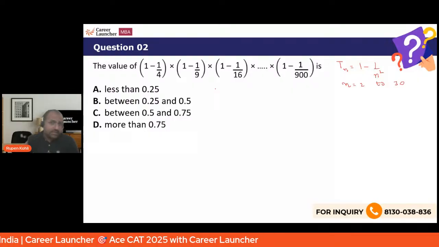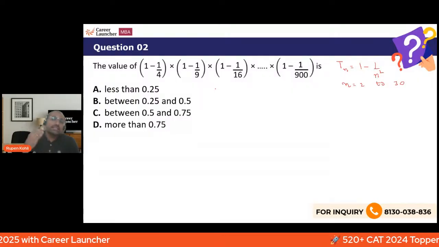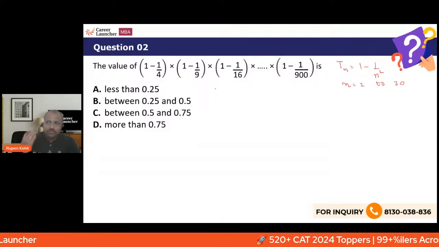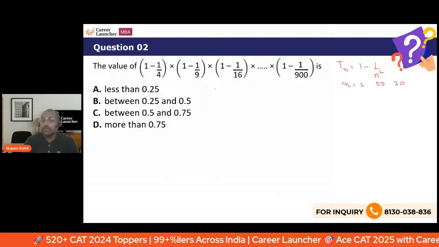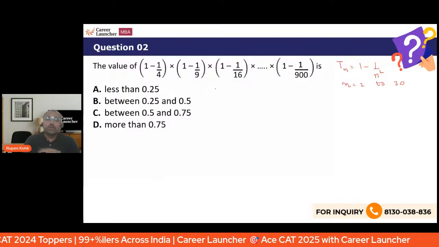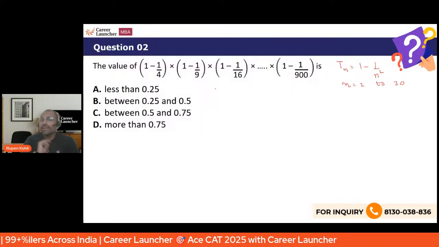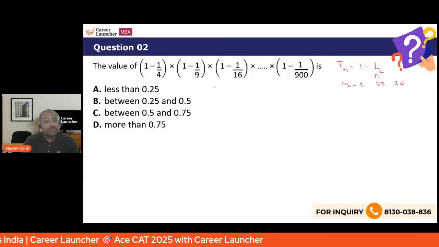The thing is that there are so many terms. There are 29 terms. Each term is slightly less than 1. So as you are multiplying, the compounding effect of the product of all such values less than 1, the eventual product might be quite low. So there's a chance of an error.